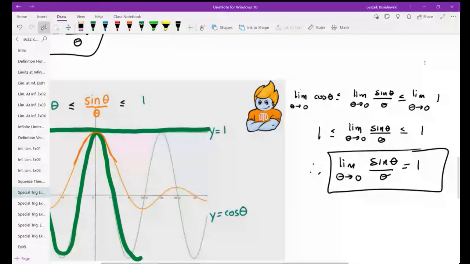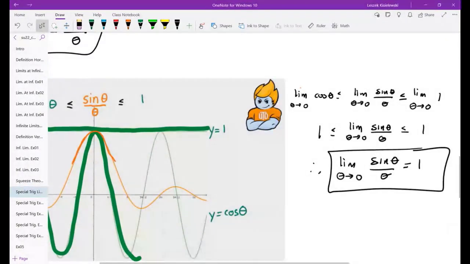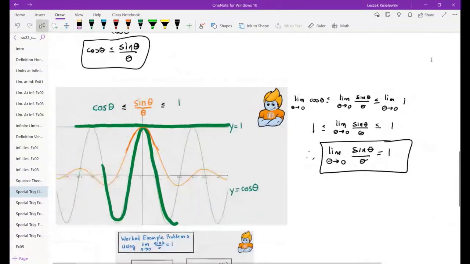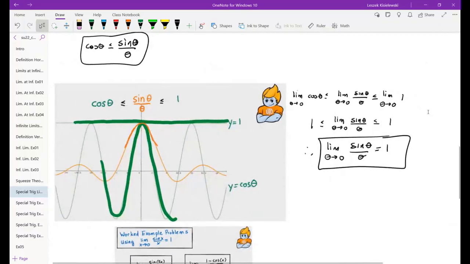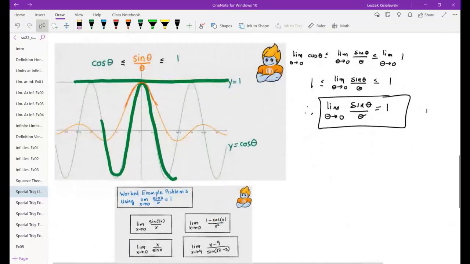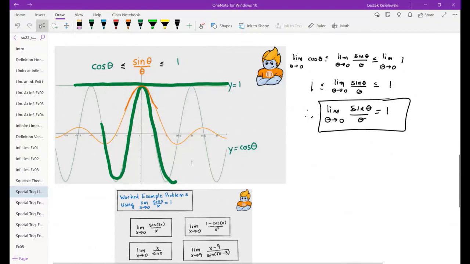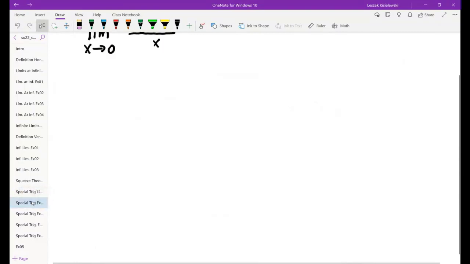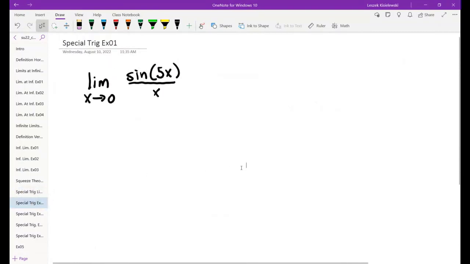Anyway, if you know L'Hopital's rule, this is of course easy, but you're going to be using this without L'Hopital's in class. Okay, so let's look at some quick examples. We're going to use the special trig limit to evaluate this one. So x is going to 0.